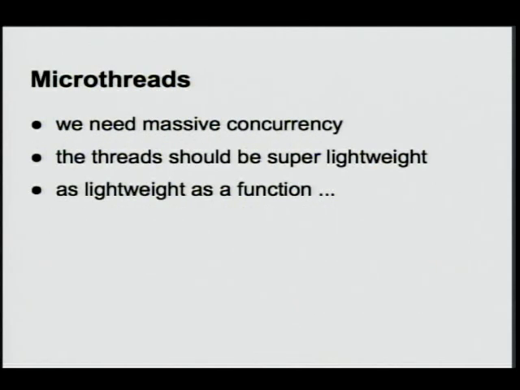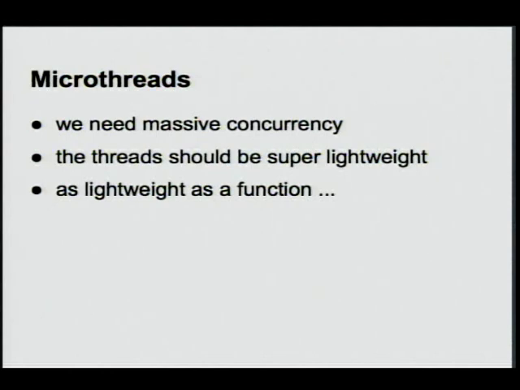Okay, now, we have covered signals, we have covered events. What about those micro-threads? We need massive concurrency in hardware. So the implementation of this thread should be super lightweight.